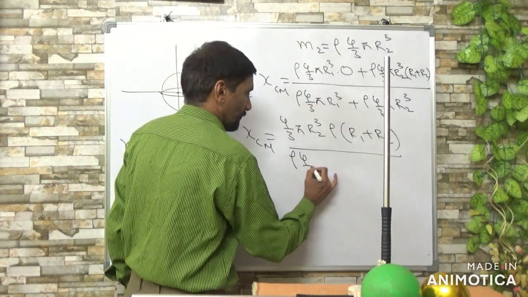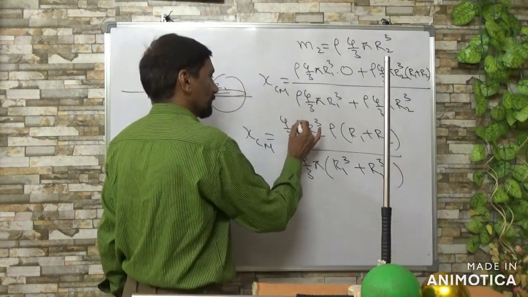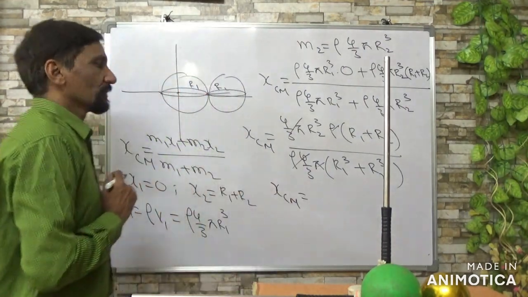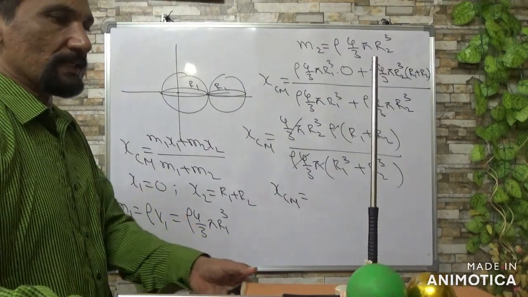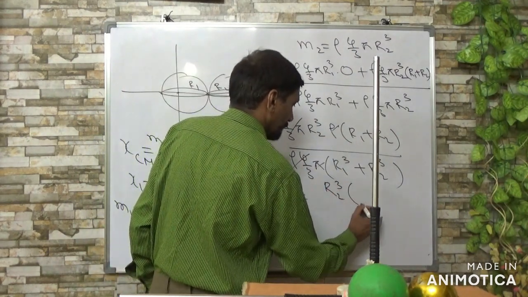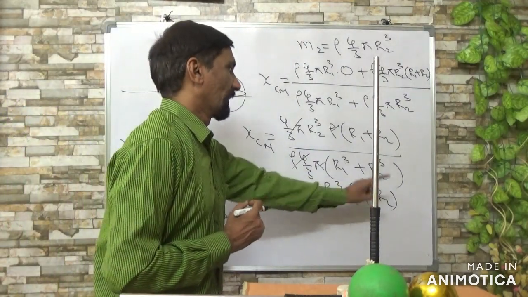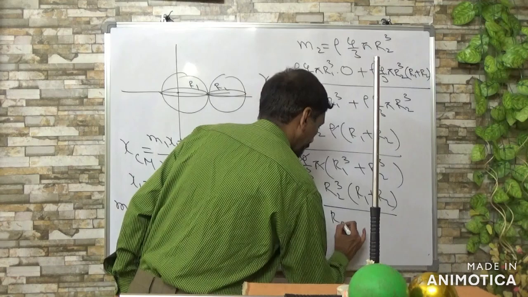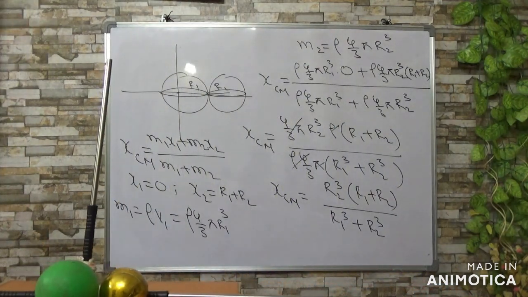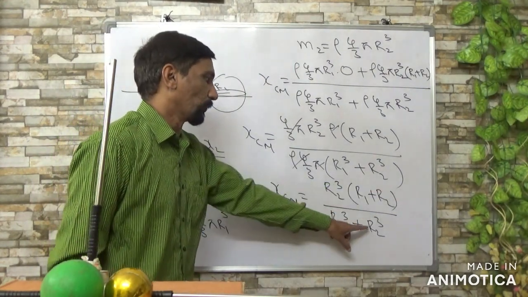So rho 4 by 3 pi is taken common, and these cancel. So xcm is equal to r2 cube into r1 plus r2 by r1 cube plus r2 cube. So this is the point of center of mass: xcm equals r2 cube into r1 plus r2 by r1 cube plus r2 cube.